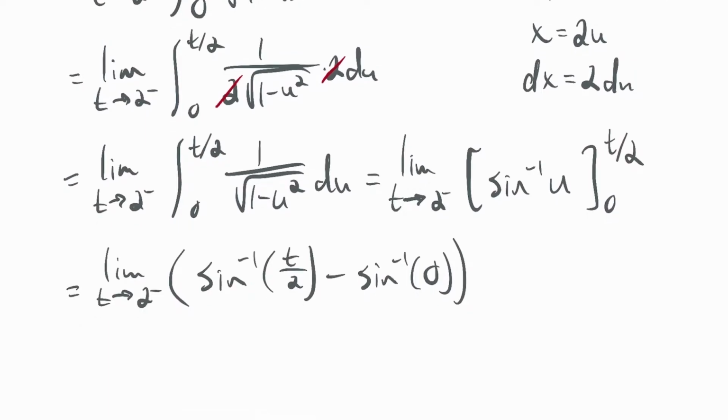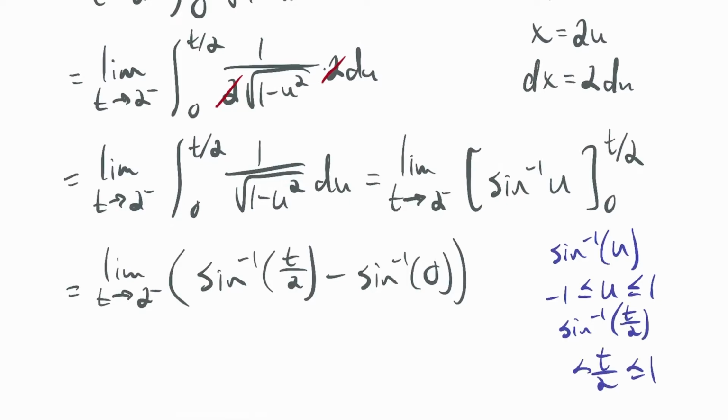Let's change colors here. If you have sine inverse of u, then u is between -1 and +1. But if you have sine inverse of t over 2, that means that t over 2 is between -1 and 1.